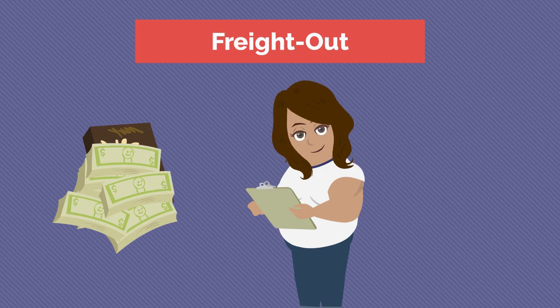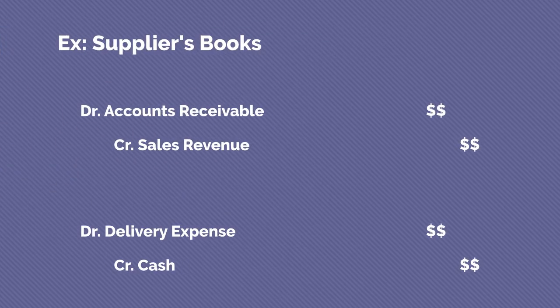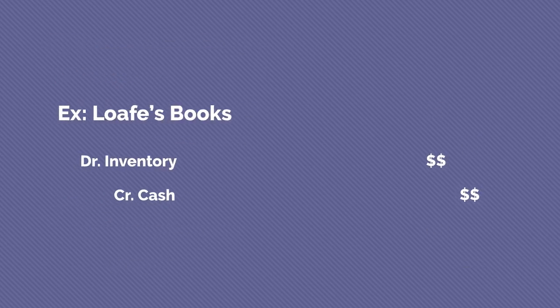If we are selling beans to Loaf FOB destination, we make 2 journal entries, one to record the sale of beans and one for the shipping costs we pay. Loaf only needs to record 1 journal entry for the beans they bought.